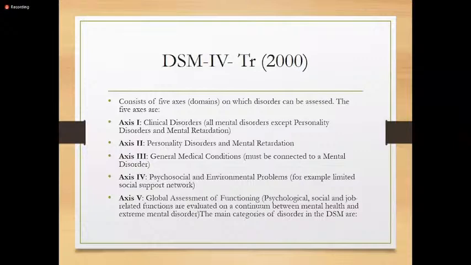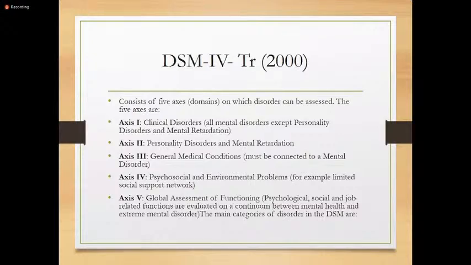You don't say axis 1, axis 2, axis 3, axis 4. But I always found it very useful. Maybe that's the one I grew up with, because it helped to remind you that mental illness affects many dimensions, many areas of our lives.